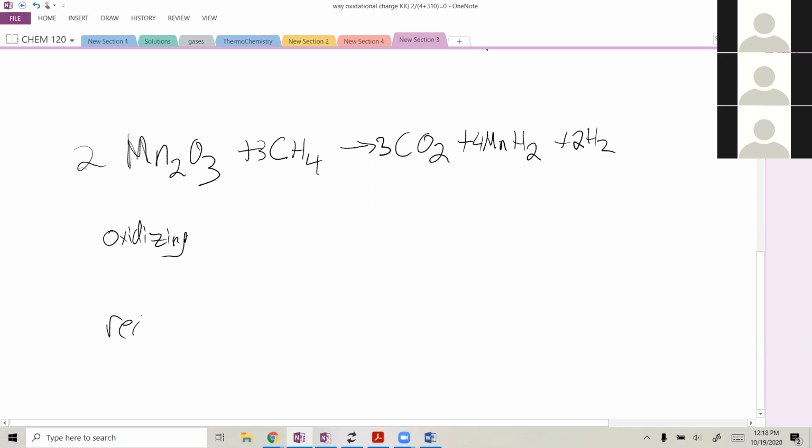What we want to do is figure out our half reactions. So we have our oxidizing and we have our reducing. Now for oxidizing, what does that look like? If we are oxidizing, are we gaining electrons or losing electrons?